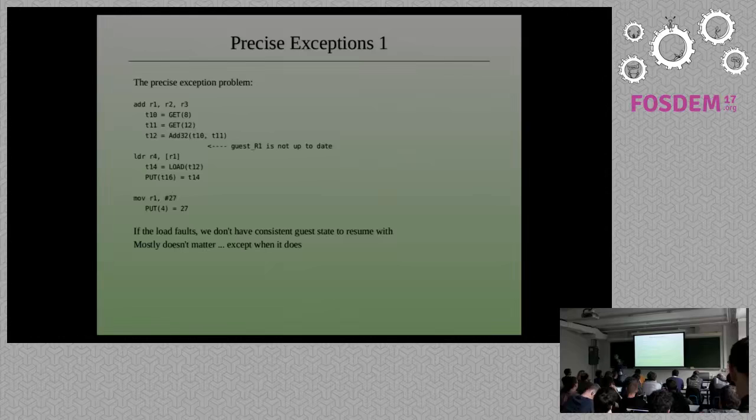But actually, if this load faults, then we are not going to be able to complete simulating this instruction. And so we're going to have to leave the simulator and deliver a signal to the simulated application. And we do not have an up-to-date value of R1 at this point. So mostly that doesn't matter, because most user space code does not catch signals and then try and restart instructions.